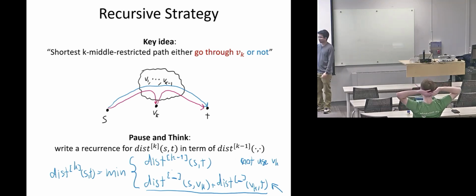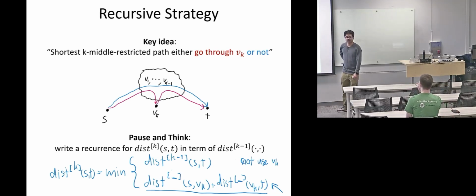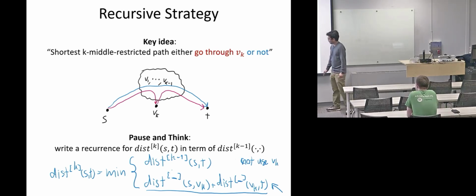I think it should still be K minus 1, right? Because we're using all the same vertices that we were using in the other case. Yes, the correct answer is actually just K minus 1 in both of these. Why is that? Look at this path. It is a path from S to Vk that uses inner vertices from this set.